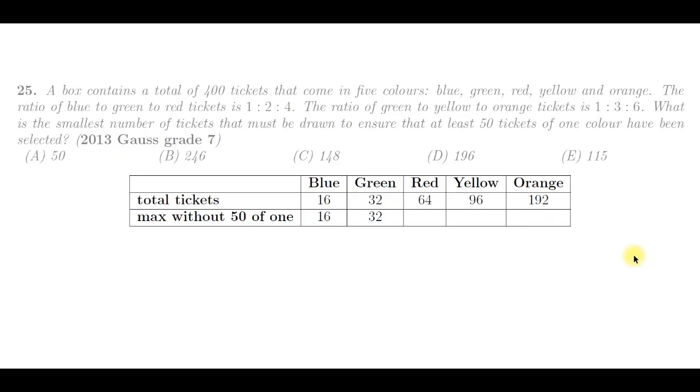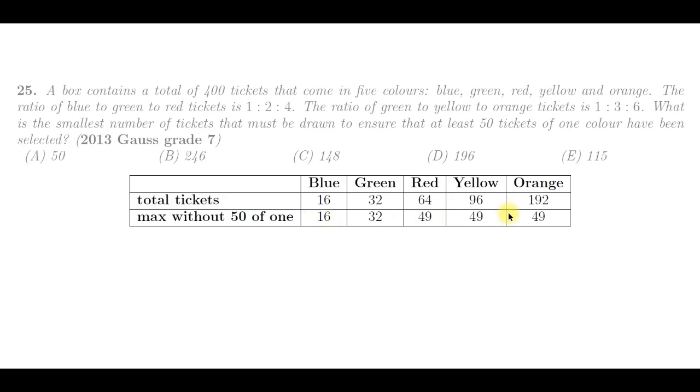Similarly with the green, I can pick all of the greens and not have 50 tickets. If I go on to the reds, I do have enough there to make a group of 50. But if I only pick 49, I'm not going to have that 50. And the same thing with the yellow and the orange.